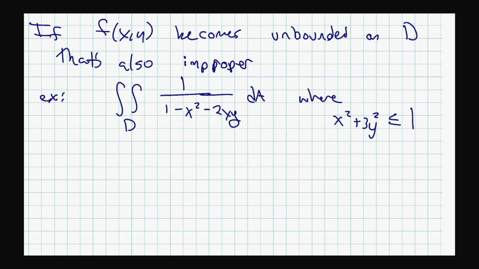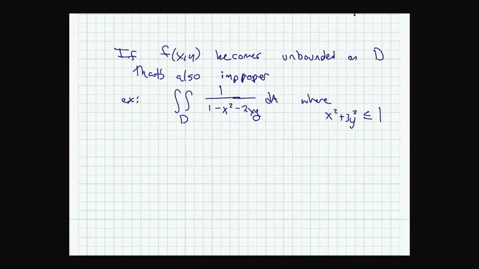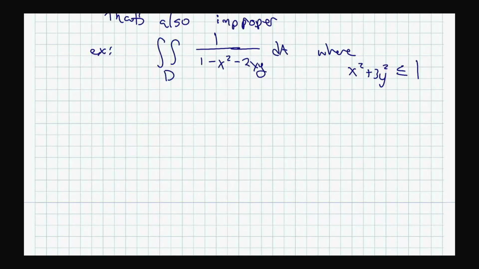I would assume that somewhere in here you're going to get a divide by 0, but I'm not going to look for where that is. I guess 1 comma 0 works. So those are also improper.